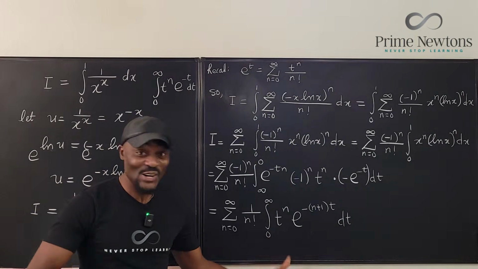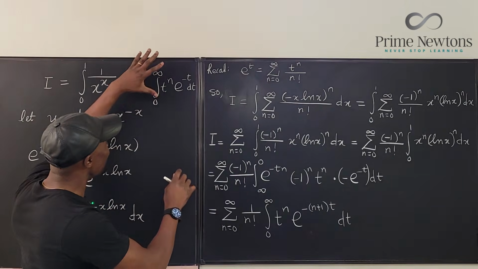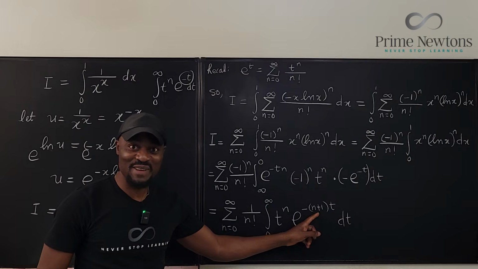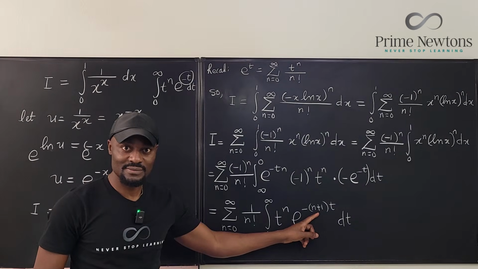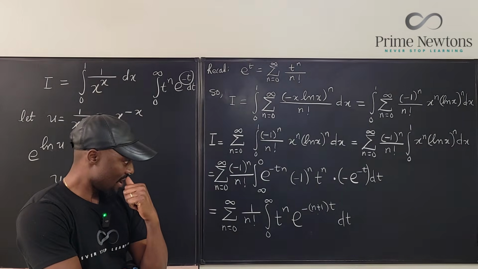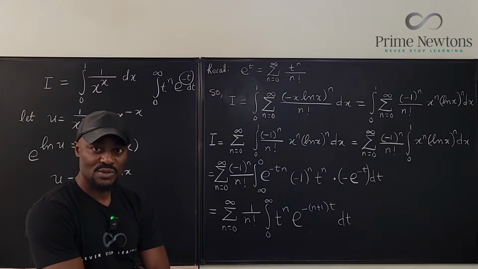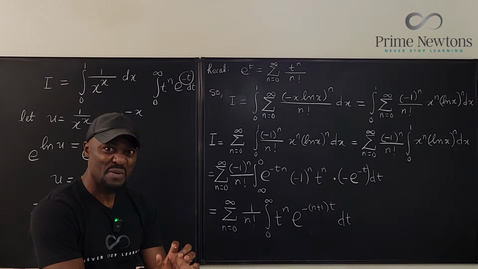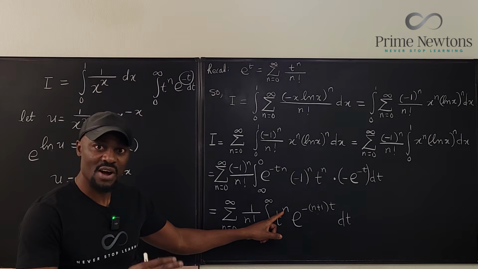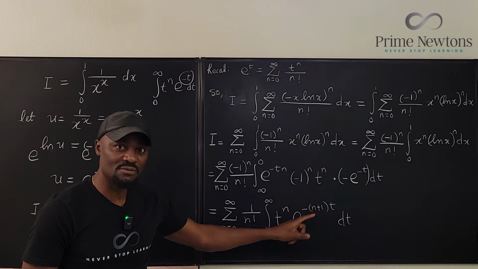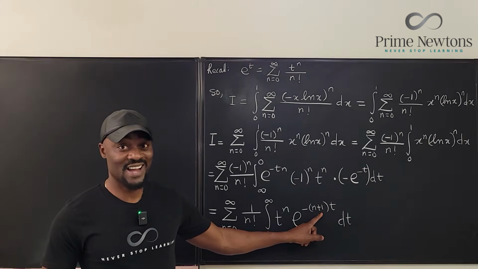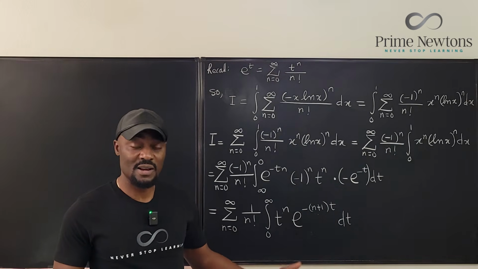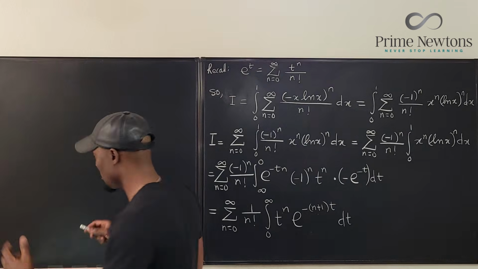It still does not look like this. See, everything is almost there except this guy is not. I have negative n plus 1. I have to do a u substitution. I have to find another letter because I need it to be perfect. This guy can run around, but this guy cannot run around. So because I need this guy to just be negative t or another letter, I have to do another substitution. I'm going to use r.